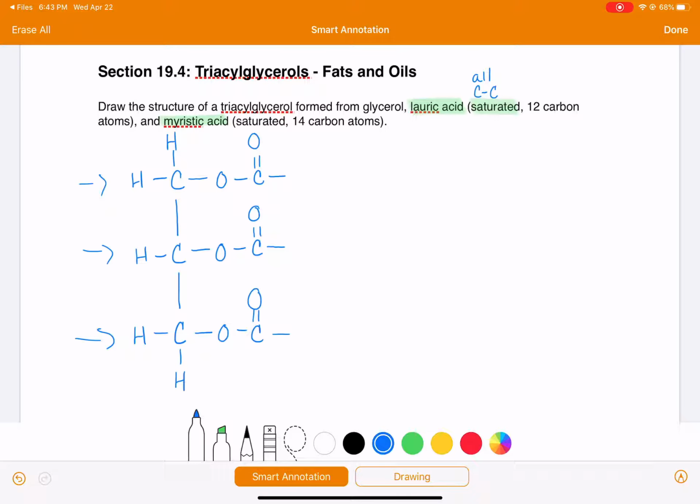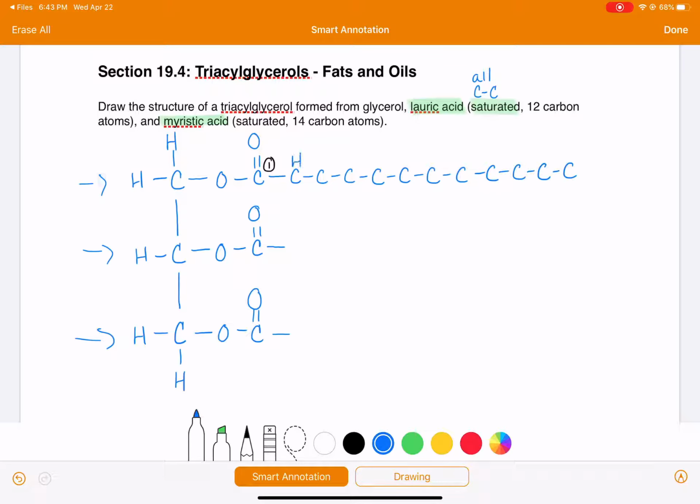So let's make the first one lauric acid. 12 carbon atoms, and this counts as one of them because that is the first carbon of the fatty acid. So then here's number 2, 3, 4, 5, 6, 7, 8, 9, 10, 11, 12.